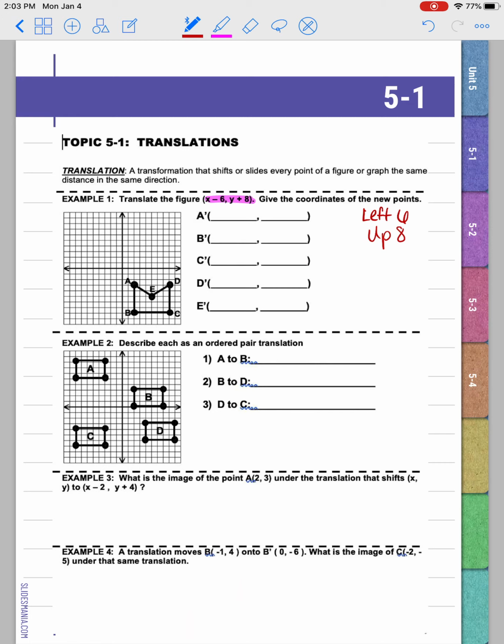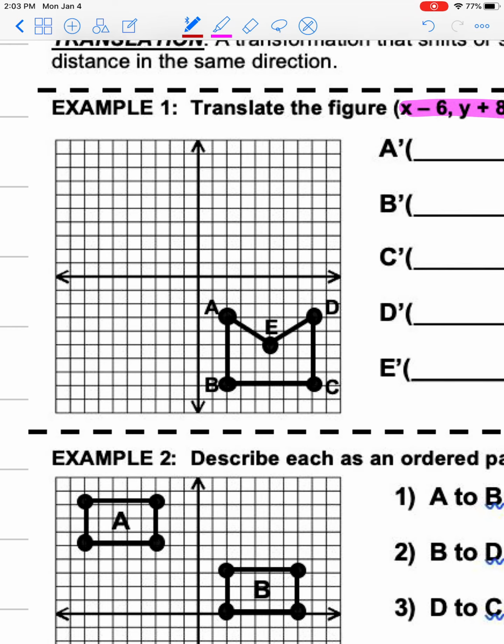You can do a couple different options here. You can take the graph and just simply count left 6, up 8. Or you can find the original point for A and plug that in and say whatever your X value is minus 6 and the Y value plus 8. Since we have a graph here, let's just count it out. X minus 6, so let's take it left 6, so 1, 2, 3, 4, 5, 6, up 8, 1, 2, 3, 4, 5, 6, 7, and 8. We know that our new A is going to go there.